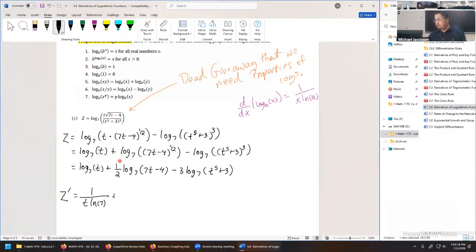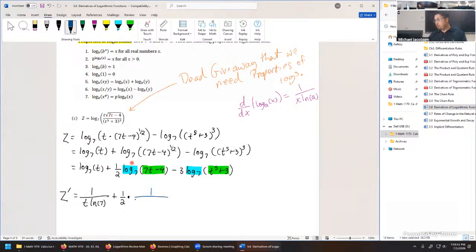Scooting over to here, we have a constant multiple rule. We'll take the constant 1/2 times this derivative here. These are now chain rules. The outer function on both of them is log base 7. The inner function on both of them are those things highlighted in green. So using the chain rule, first we differentiate log base 7.